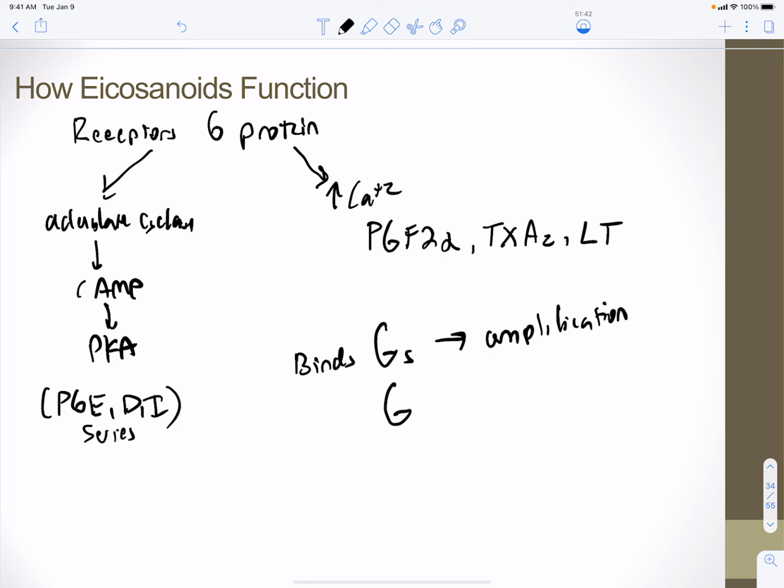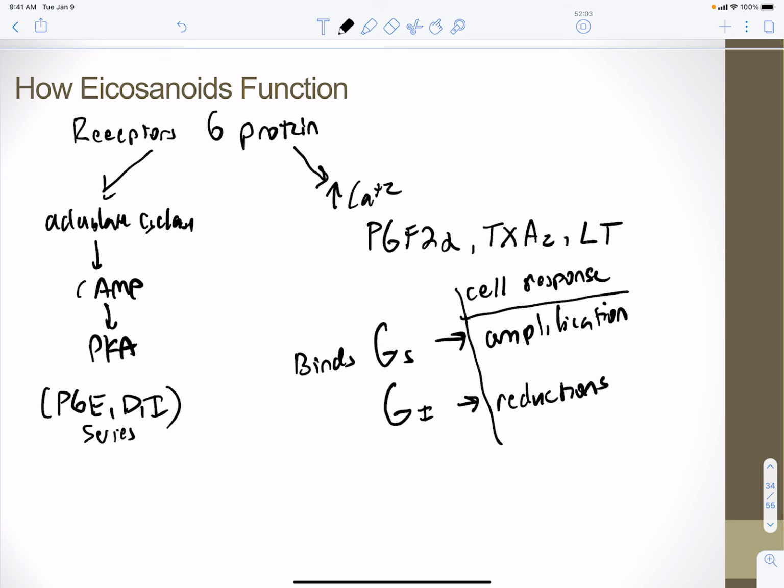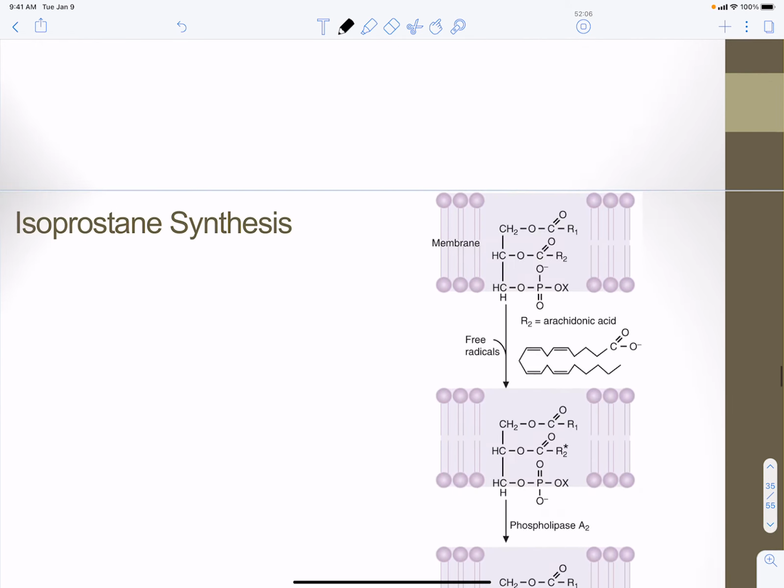If it's going to bind to inhibitory, then you're going to get a reduction in the cellular response. So this is the cell response.